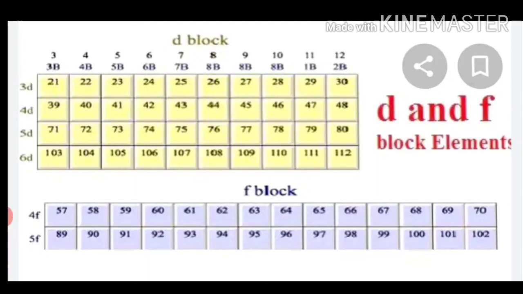Okay, now catalytic properties. So transition metals and their compounds are generally used as catalysts in many industrial processes. The main reasons for their catalytic property are variable valency and different oxidation states.